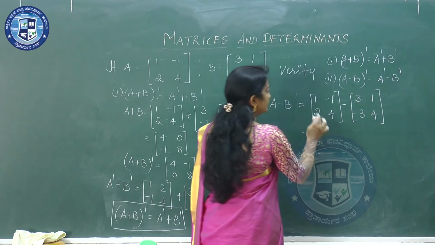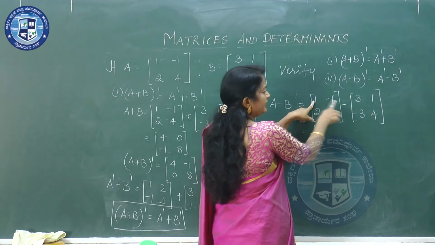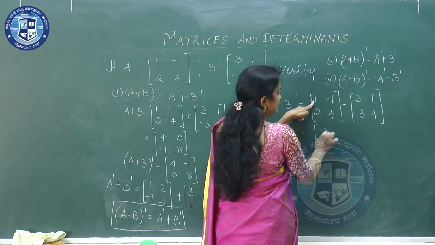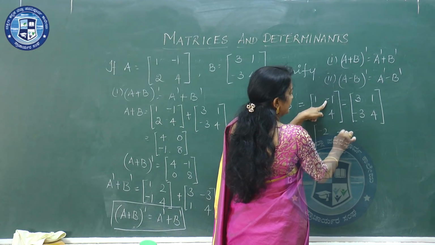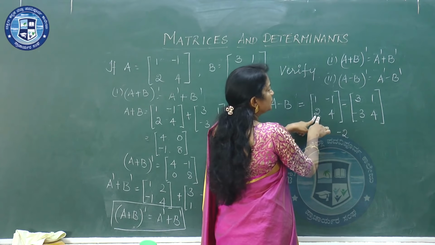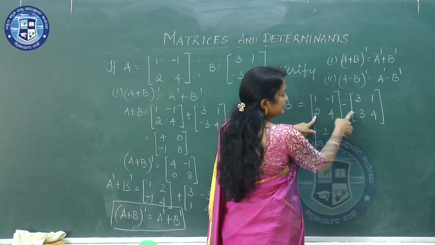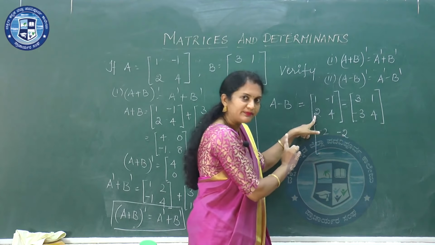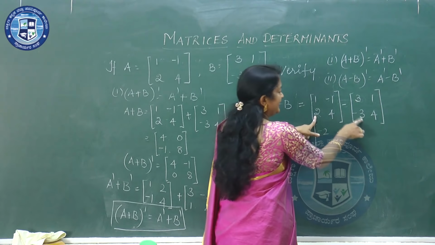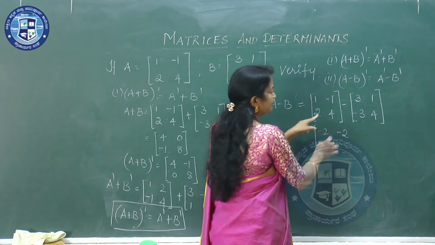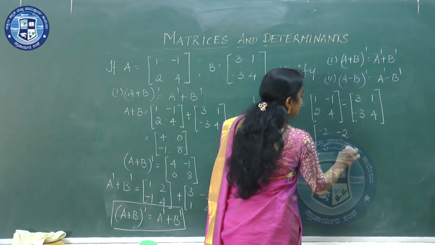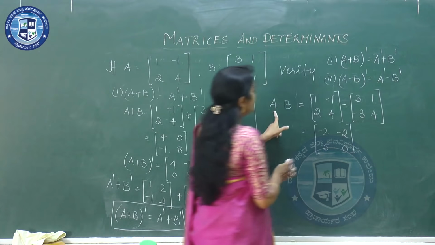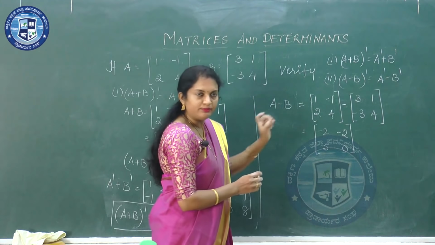This is equal to 1 minus 3 is -2, -1 minus 1 is -2, 2 minus of -3, minus of -3 is plus 3, so 2 plus 3 is 5, 4 minus 4 is 0. This is your A minus B.